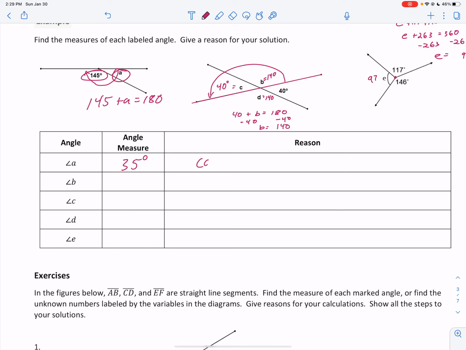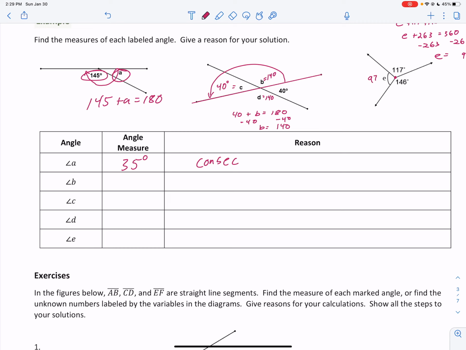So in this case, consecutive angles were supplementary. Oh my goodness, I'm never going to write this again. So let's see. Consecutive angles are supplementary. You can also just say that the sum of these angles about a line is supplementary.